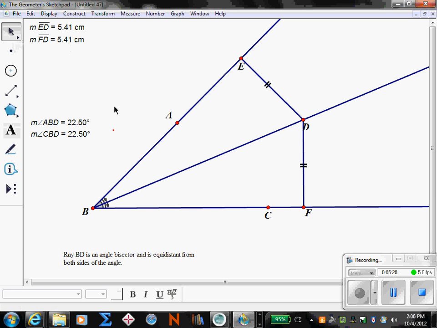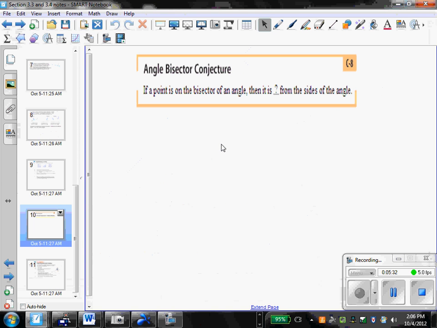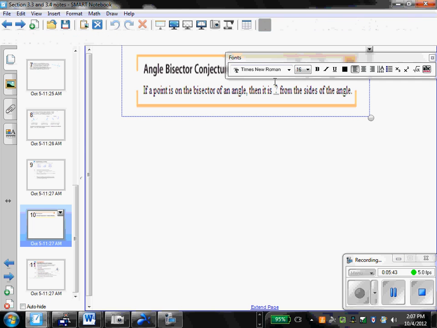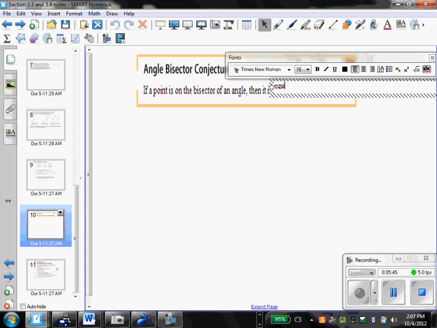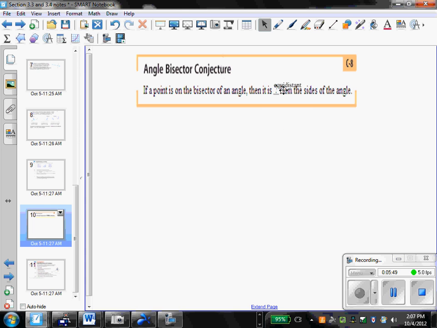You can copy and paste that into your notebook to go along with conjecture 8. And now we can fill in the conjecture. If a point is on the bisector of an angle, then it is equidistant from the sides of the angle. So put me on pause and make sure you get that into your notebook just like you want it.